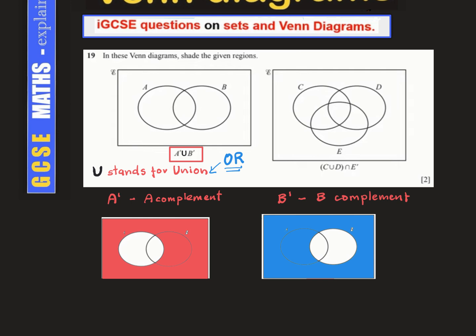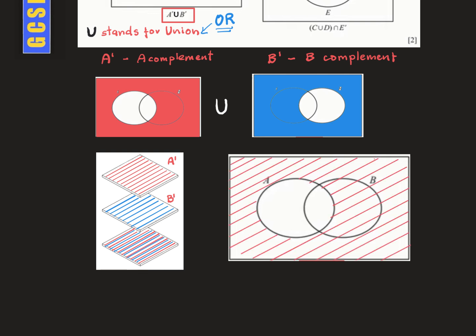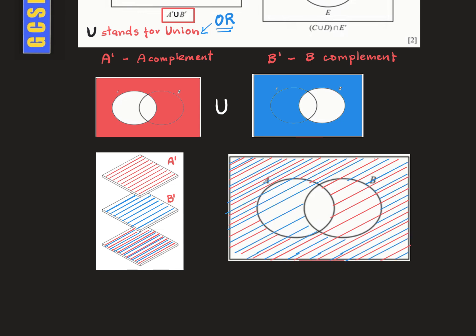So how do we unite these two? We'll draw hatch lines for the A complement, and now we're going to draw the hatch lines for the B complement, but the important part is that they have to be parallel.